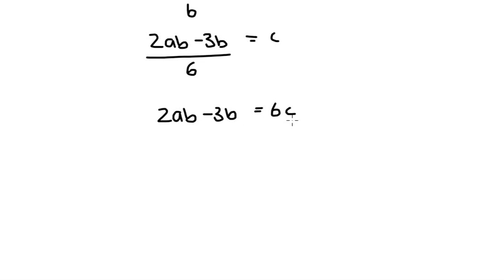Just being careful that we don't mix up the 6 and the b's. I know my 6's and b's look the same. So now on the left I'm taking out b, which is common to both terms. So this is how I'm going to single b out so I can make it the subject. So now I divide across by 2a minus 3.